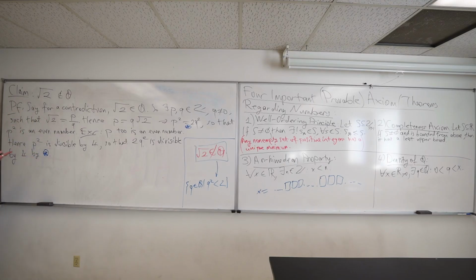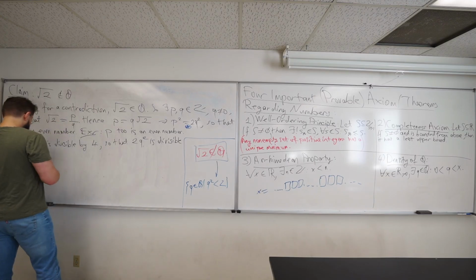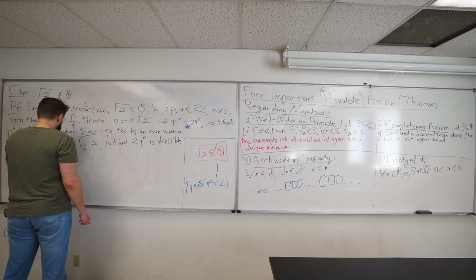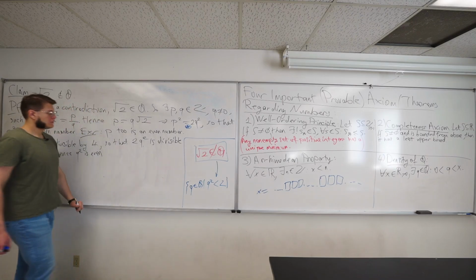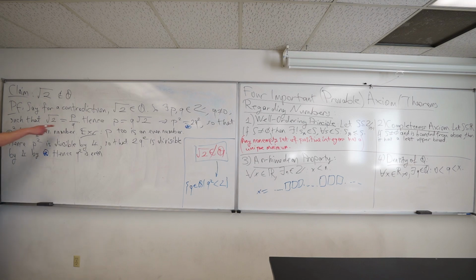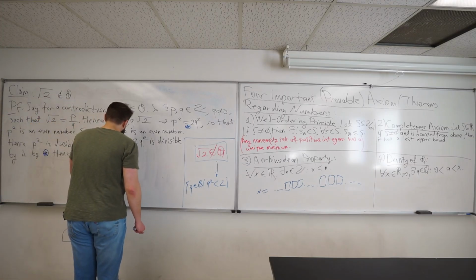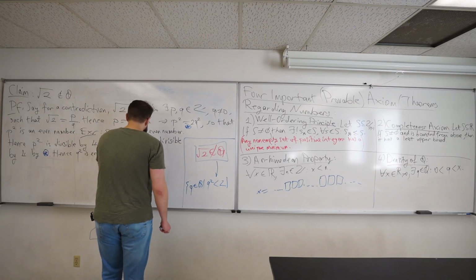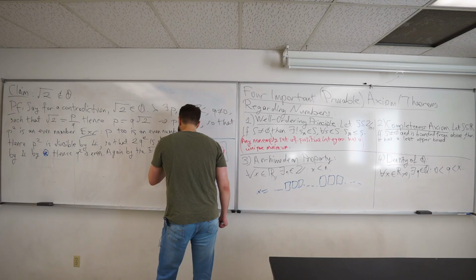If that is the case, dividing both sides by 2, I get that q squared is divisible by 2. In other words, q squared is even. By the exercise that I left to you, the same argument also shows that q is even.